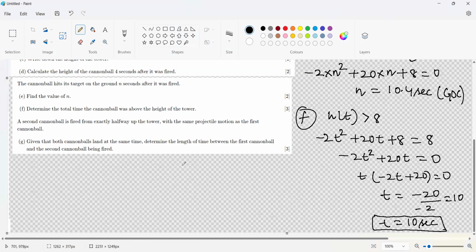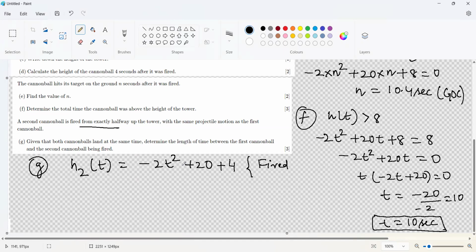Considering all the things are the same here, the projectile for the second cannonball would be equal to what? Negative 2t square plus 20t plus 4. Instead of 8, it will be plus 4. The reason being it is fired from halfway of the tower.